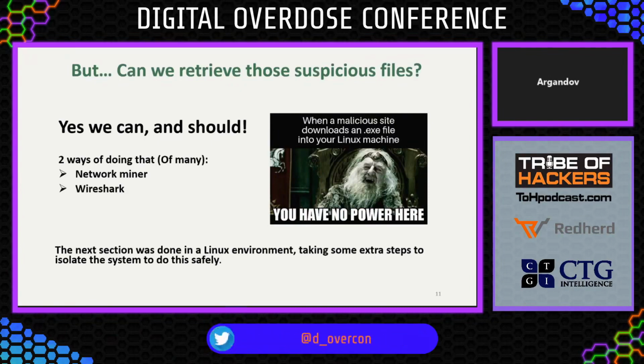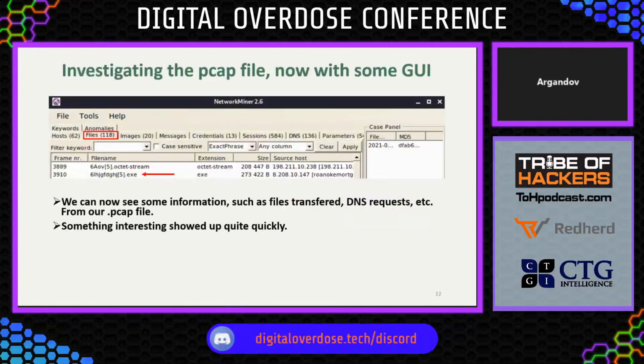All right, let's see how the whole thing looks. We have some final information. We can see some tabs working in NetworkMiner. I run it with Mono in Kali Linux, and you can see the hosts tab, the files tab, images, messages, in case you can see some SMTP traffic going on, some credentials, sessions, DNS traffic, and what did pop up immediately was our strange executables.